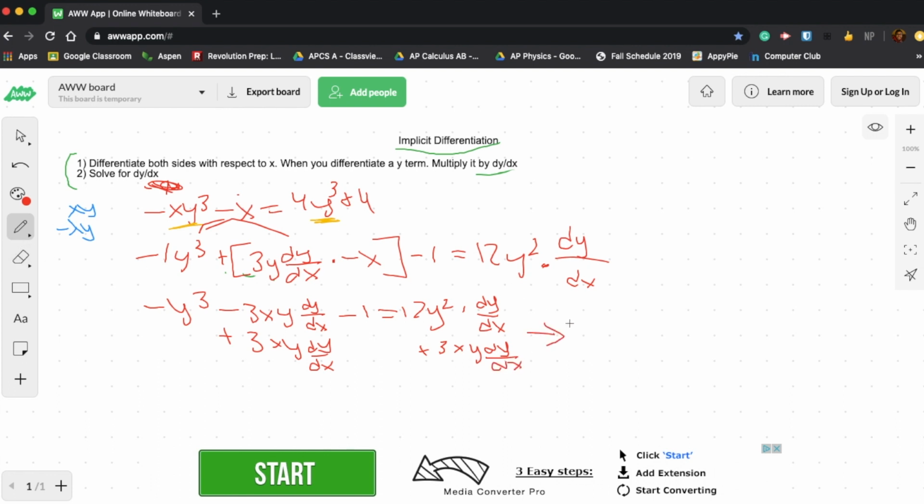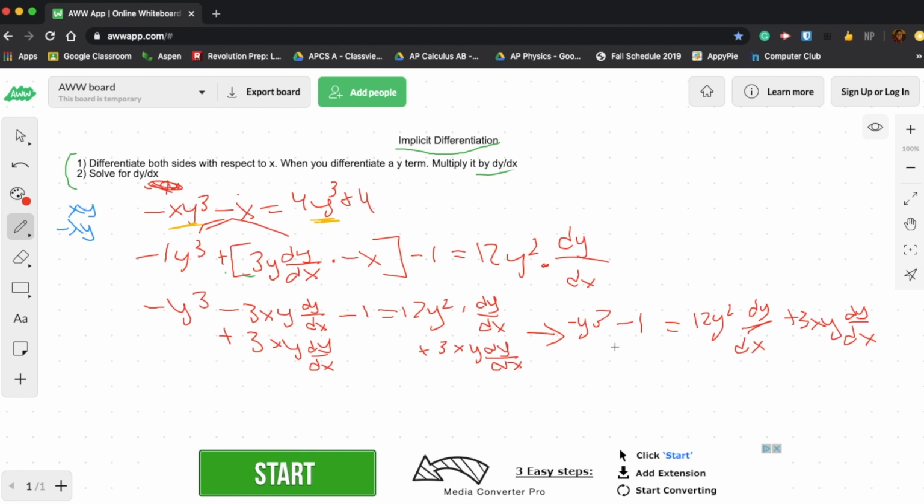Alright, what this should give you is negative y cubed minus 1 equals 12y squared dy/dx plus 3xy squared dy/dx. I am not writing my x's okay today.